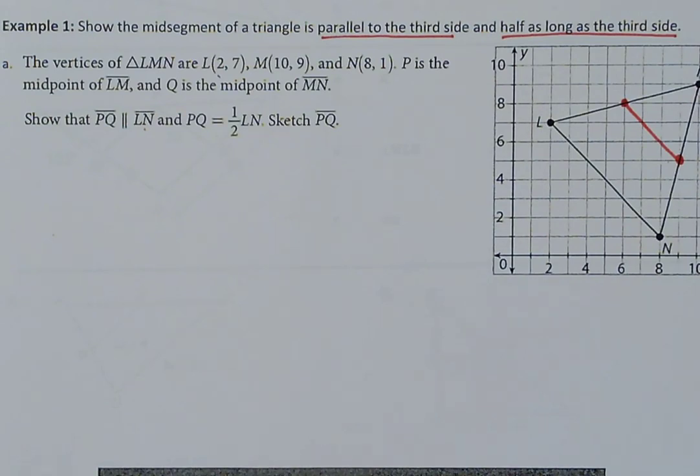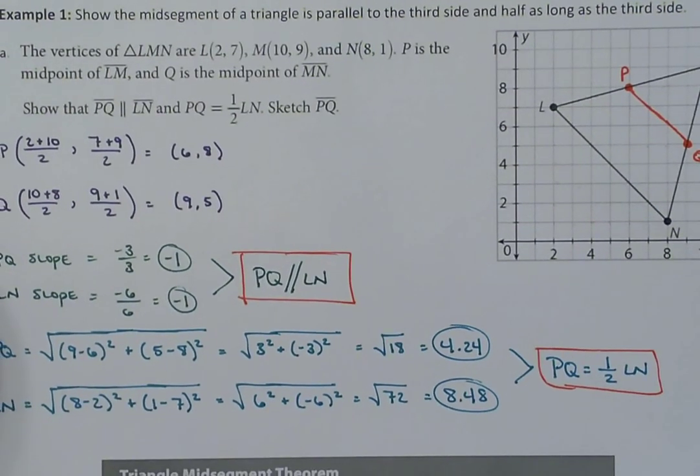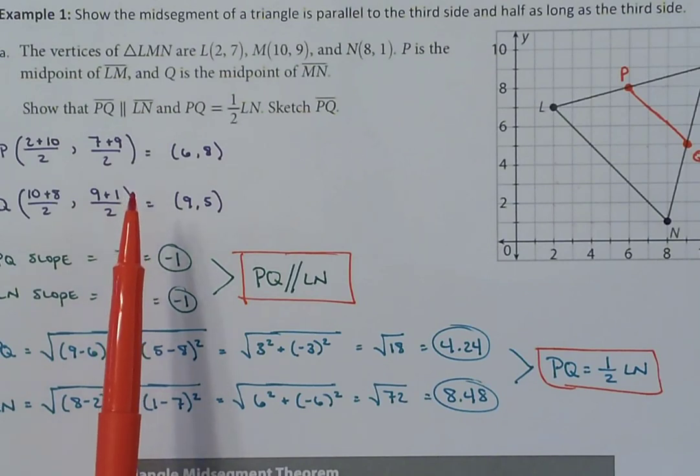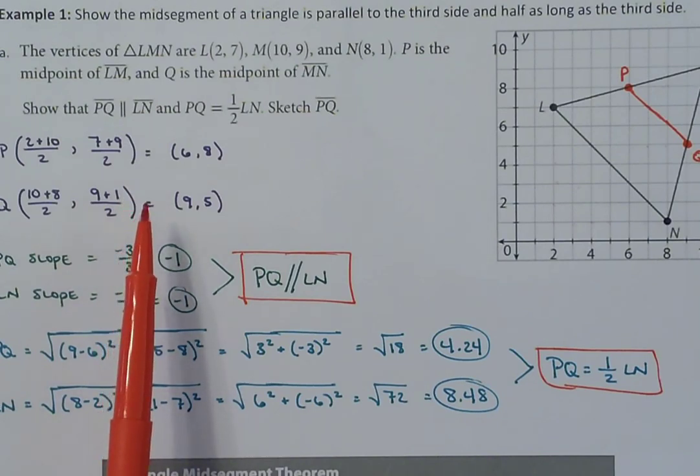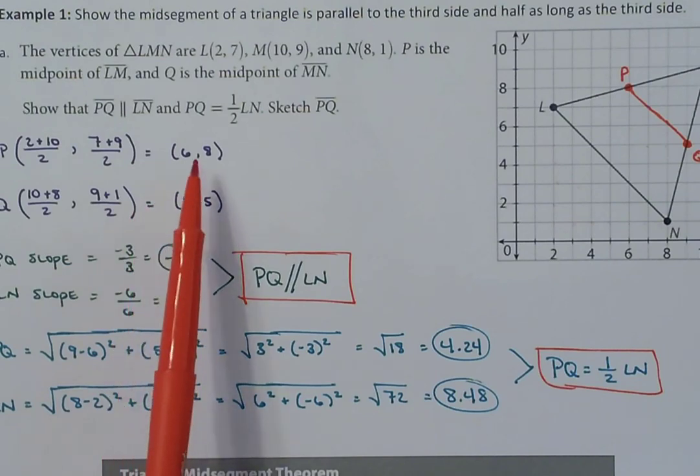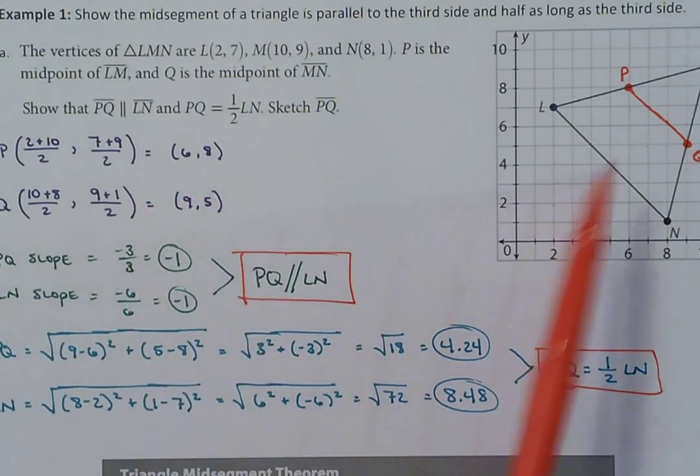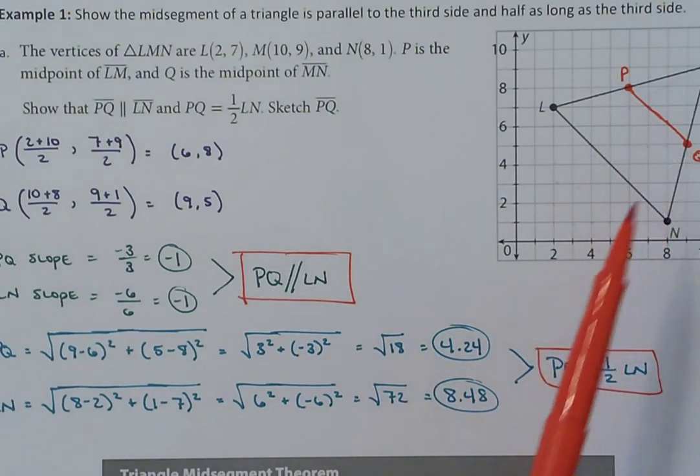Example 1a is actually a pretty extensive example to run through. Instead of going step by step, I'm just going to pull up my completed notes. You can take a further look at example 1 in my completed notes on your own time. I used the midpoint formula, x1 plus x2 over 2, comma, y1 plus y2 over 2, to figure out my midpoints at (6, 8) and (9, 5) to show the red line.